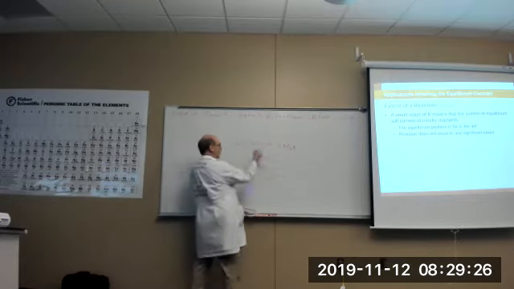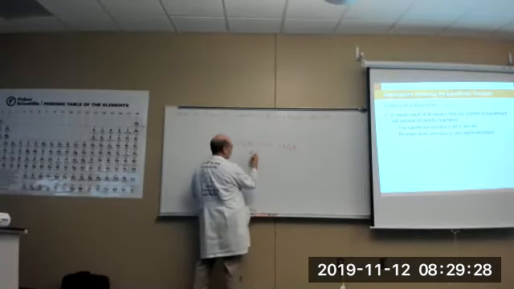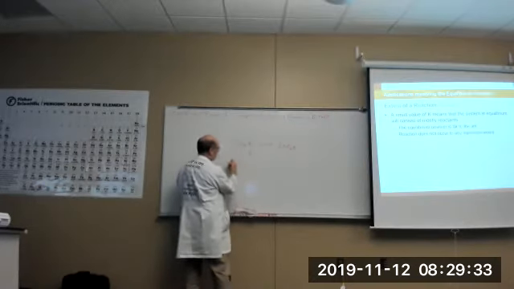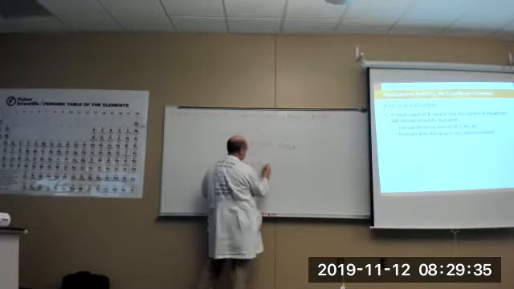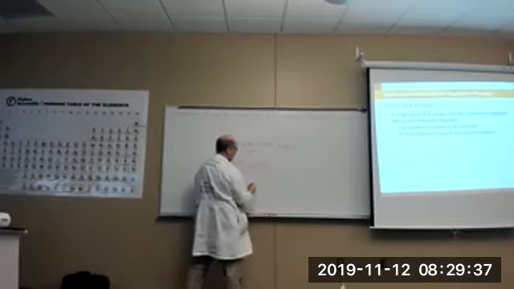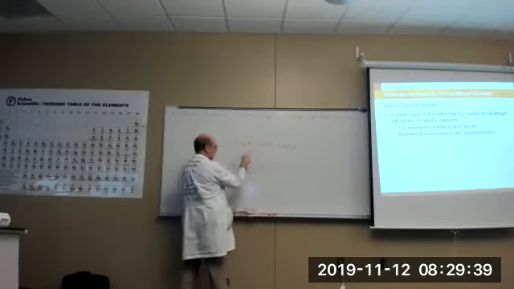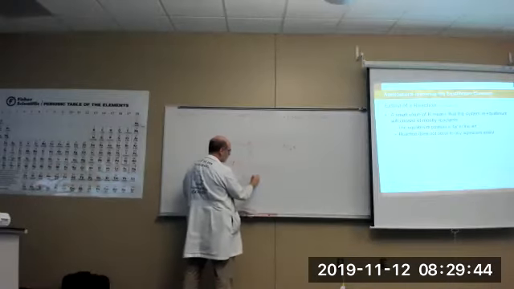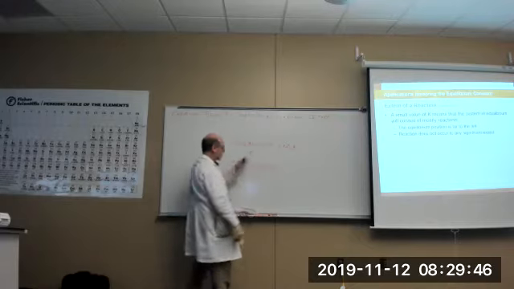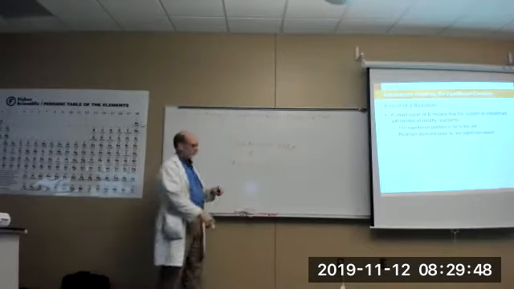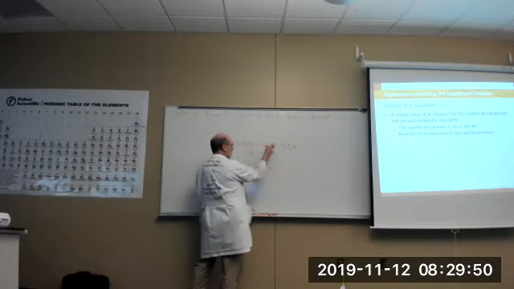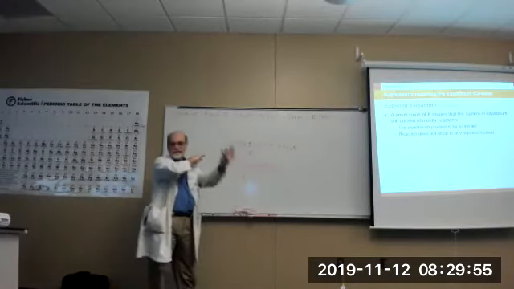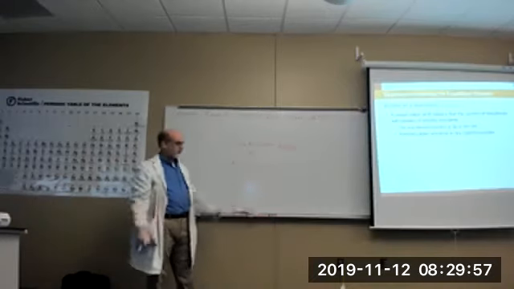So if you flip the reaction, if this is a K value here, and you flip the reaction to this one, how would the K be related to this one? The new K would be equal to the inverse of that K, right? Because it's this one on top, this one on the bottom. Now it's this one on top and this one on the bottom. So you just flipped it. That's it.